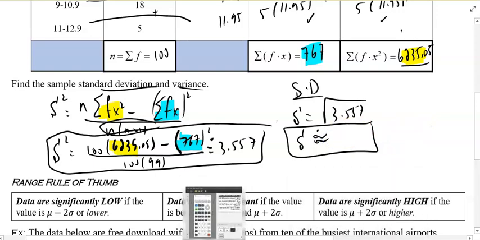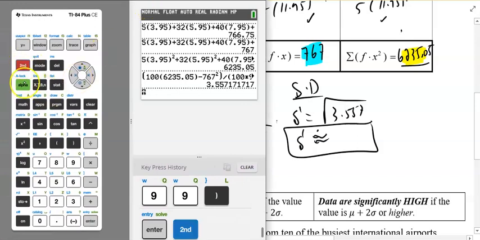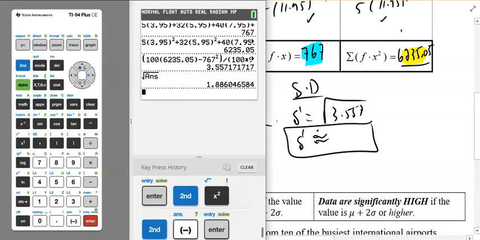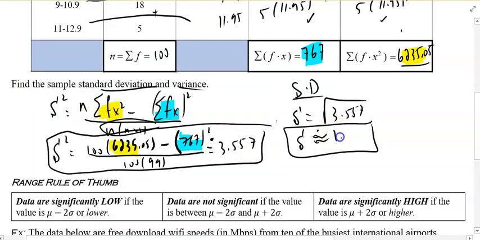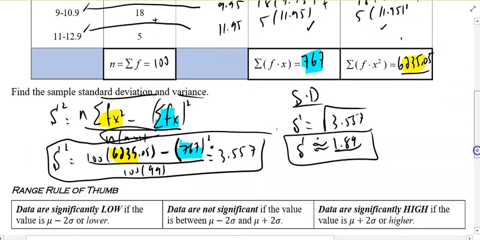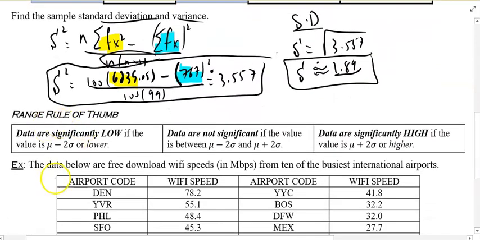If I take the square root of that, second square root of the answer, the last thing that I did, 1.89. So you always want to give one more decimal than the given. Rule of thumb.